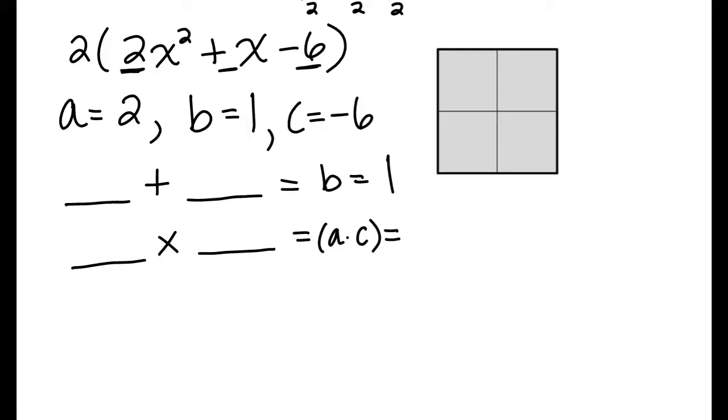And then A times C, I'm taking the 2 times negative 6, which is negative 12. So what 2 numbers multiply to negative 12 and add up to 1?